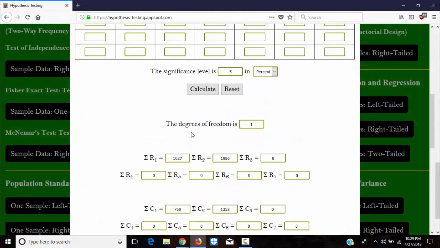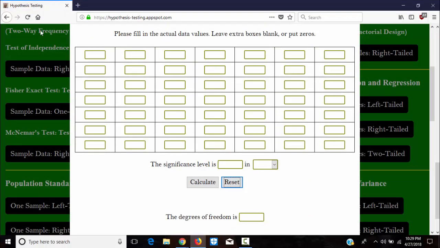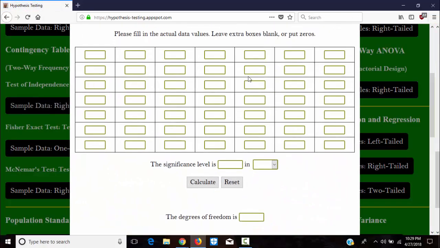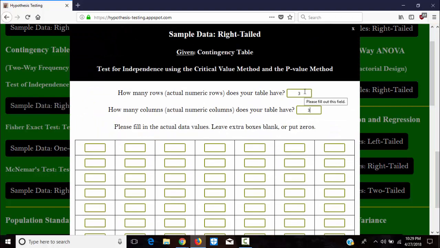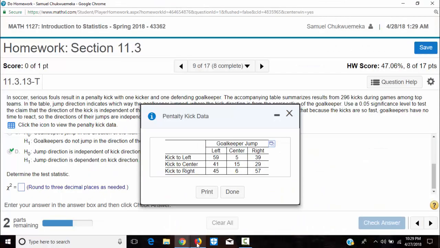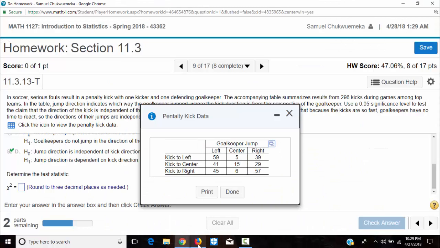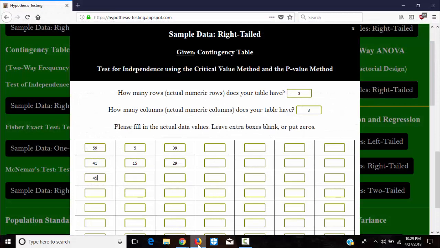The values are 59, 539. Let's reset this and refresh. So we come here, we put 3 here, 3, put 3. So we have 59, 539, 41, 15, 29, 45, 6, 57.